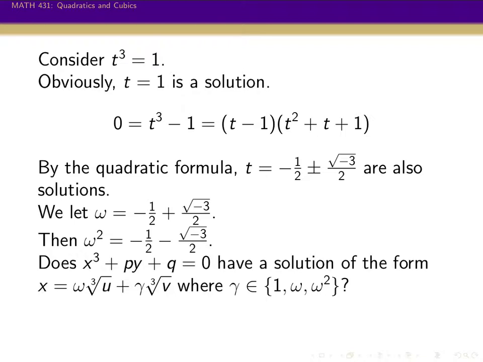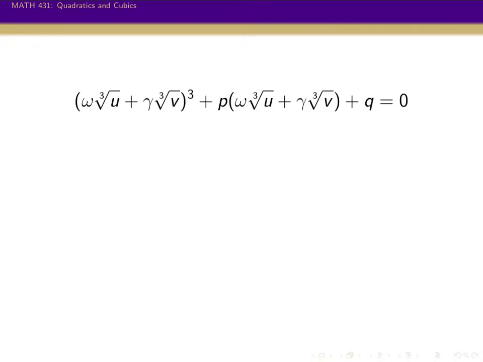Okay. So does this equation have a solution where, for the cube root of u, we're really using omega times the cube root of u, and then is there some gamma here, where gamma is one of the other cube roots, that makes this work? So if I force the cube root of u to be gamma times the root of u, what gamma would work here to make this also a solution to the same cubic?